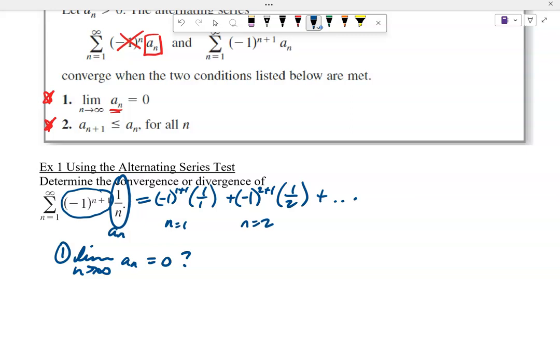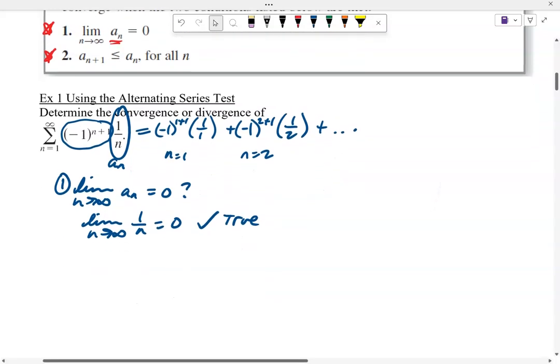Number one. That's the first condition it's got to meet. So that's got to be true first for this to converge. So we have the limit as n goes to infinity of 1 over n. Does this equal 0? And we say, sure enough, it does. That's true. 1 over infinity equals 0.